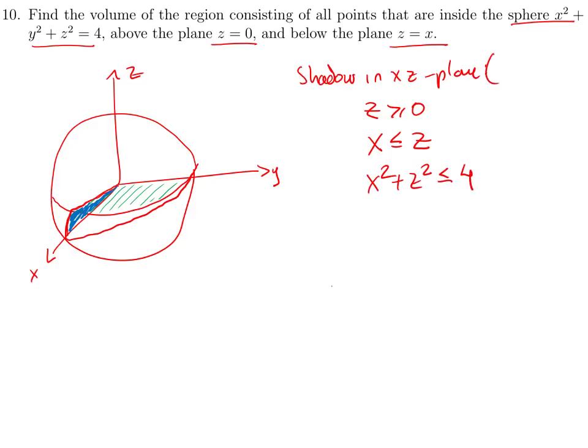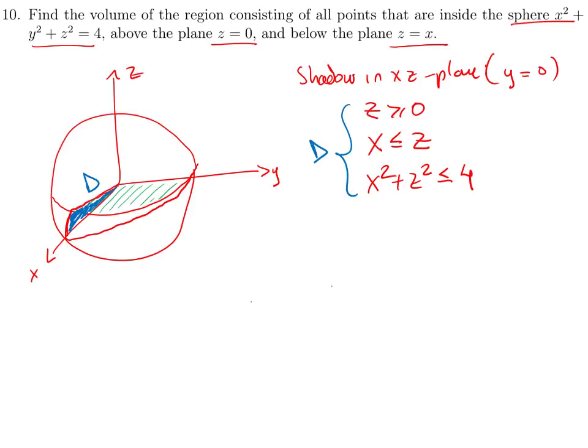So the xz plane is a plane where y equals 0. And so this is the blue region, right? So I'm going to call this region D. These are the equations describing D. Okay. So it's a fairly simple shadow, and you can see that the sphere just sort of curves inward as you move away from the xz plane.